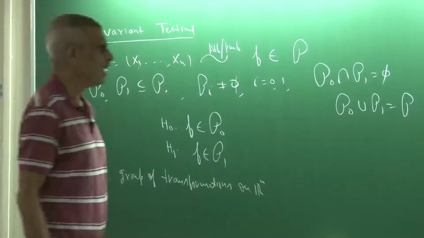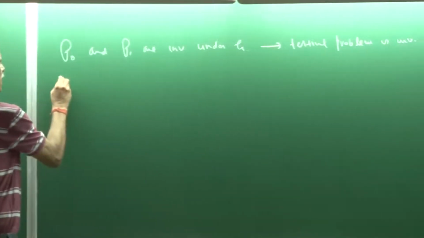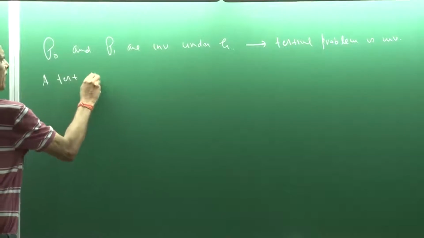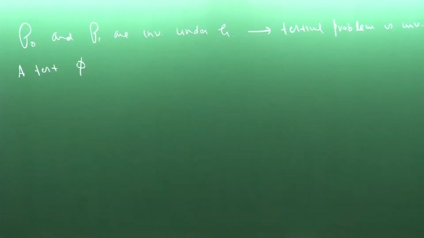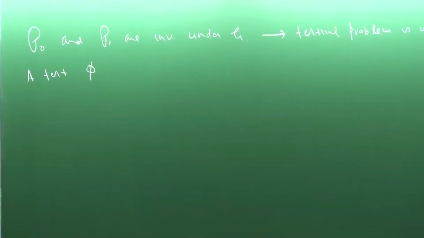So a test procedure, a test phi, which we have defined to be a function from R^n to [0, 1], with the interpretation that phi of x denotes the probability of rejecting H0, and 1 minus phi of x is the probability of not rejecting H0.